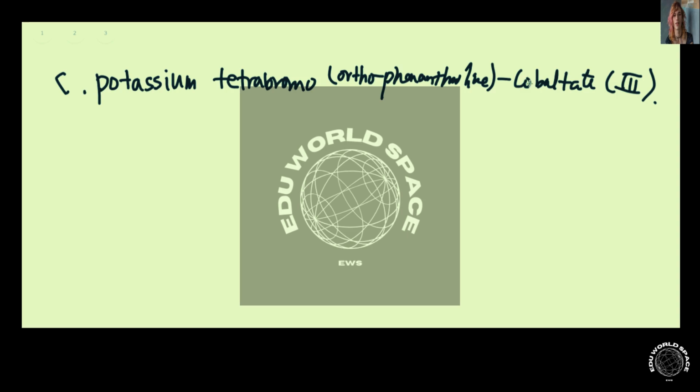Alright, so in this complex, we find the central metal is cobalt, Co, and it has an oxidation number of 3, so it has 3+ charge. And from the name of the compound, we find each type of ligand. Tetrabromo means 4 bromide ligands. Orthophenanthroline is just 1 o-phen ligand. And this is a neutral ligand.